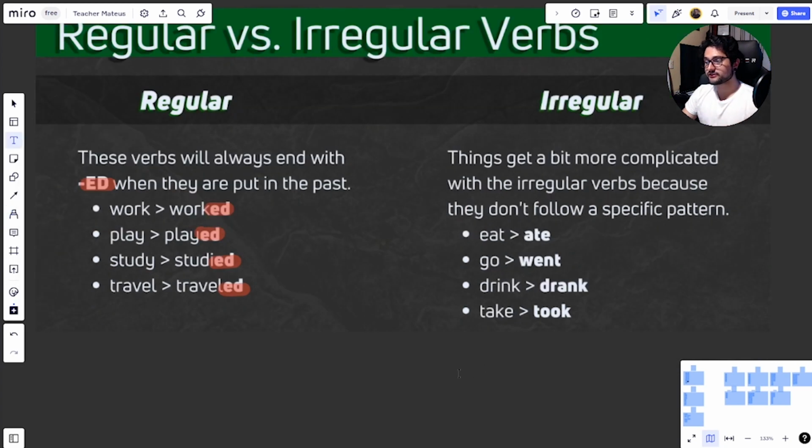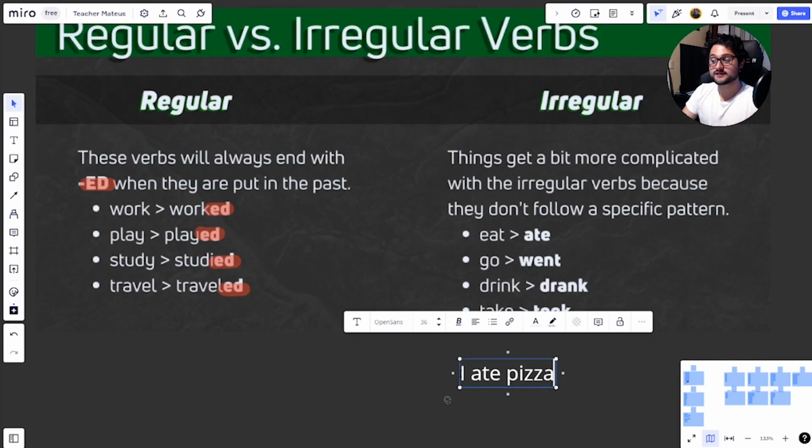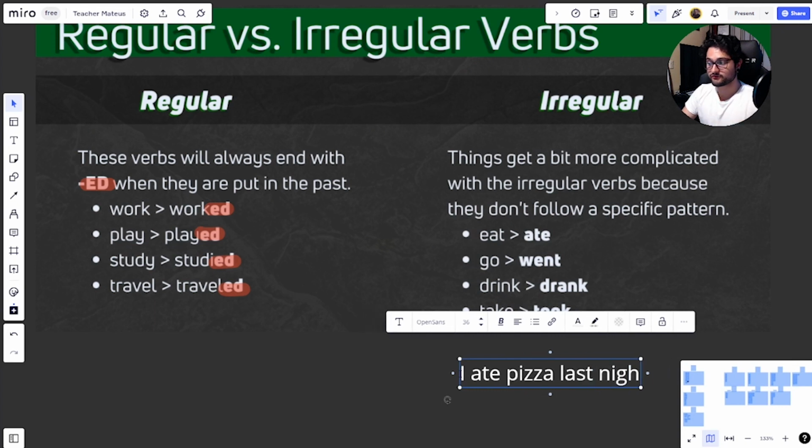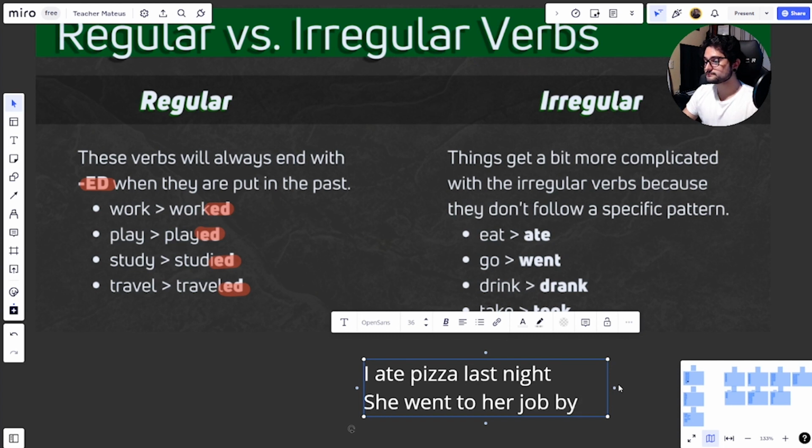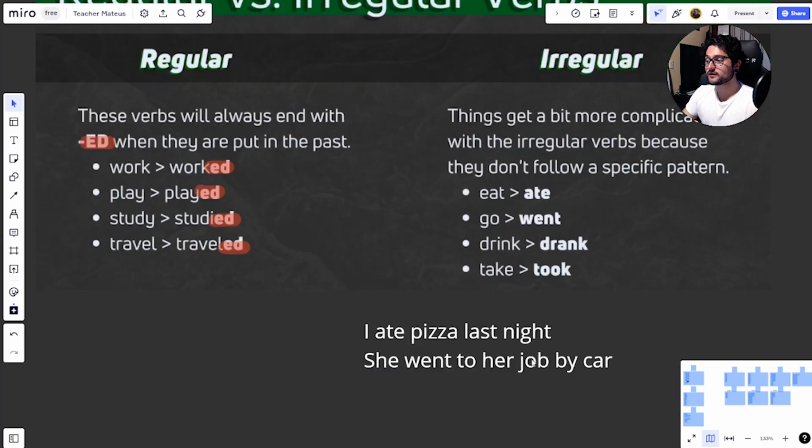And then we could say, for example, I ate pizza last night. She went to her job by car, for instance. And then you see that we just use the subject, I, in this case she, and then the verb we want to describe. Okay, so far so good.